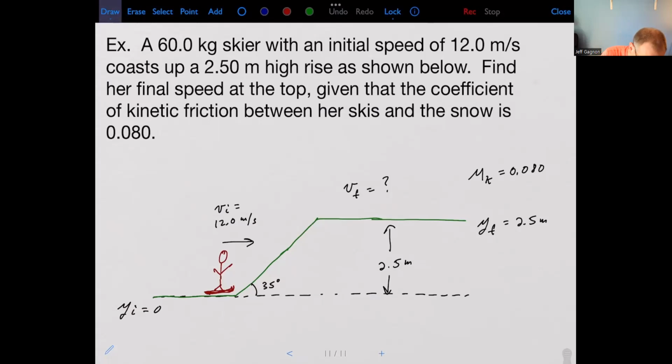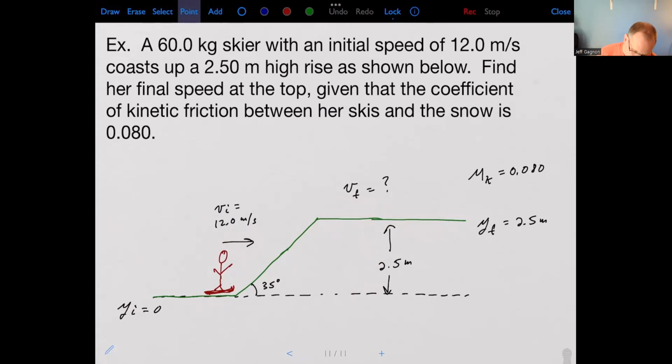In other words, their height straight up is 2.5 meters. They're trying to get to this higher level here. We know her initial speed is 12 meters a second, and we want to know the final speed when she's at the top level, 2.5 meters up. What is her final speed here?